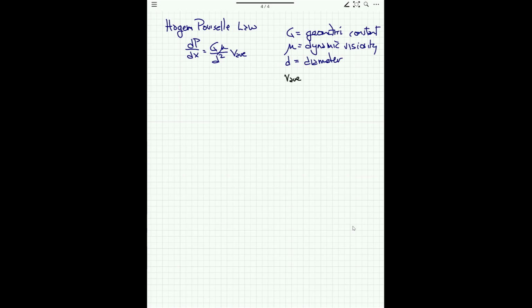Now, V average will be equal to Q divided by the area of the pore, where Q is the volumetric flow. So Hagen-Poiseuille will give us this. Okay, so that's one piece of information.